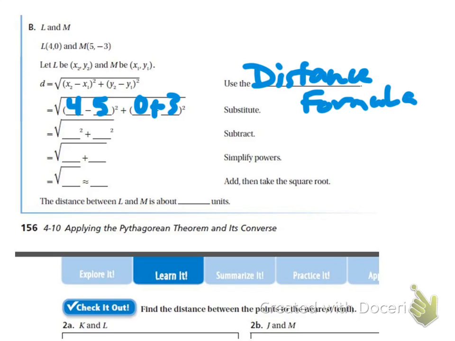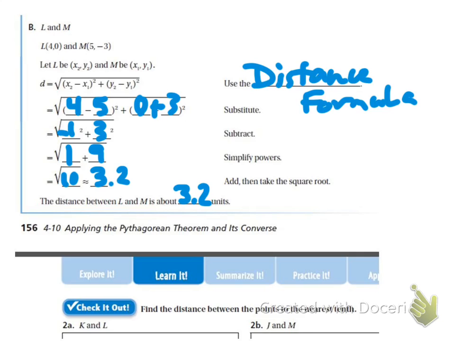So 4 minus 5 is -1, 0 plus 3 is 3, and -1 times -1 is 1, 3 times 3 is 9, so the square root of 10 is approximately 3.2. So the distance between L and M is about 3.2.